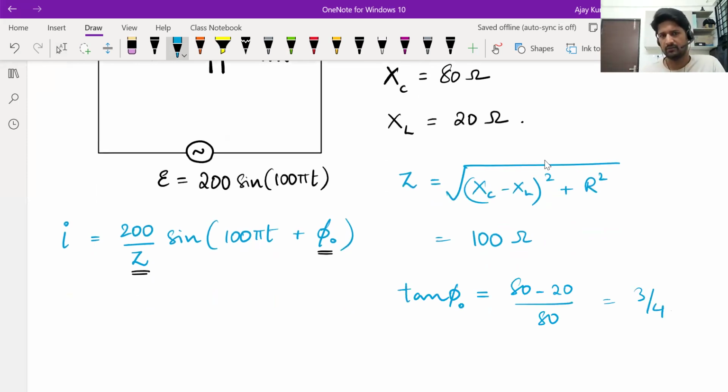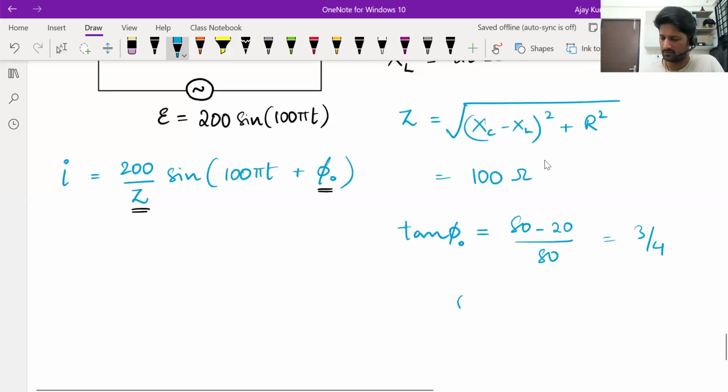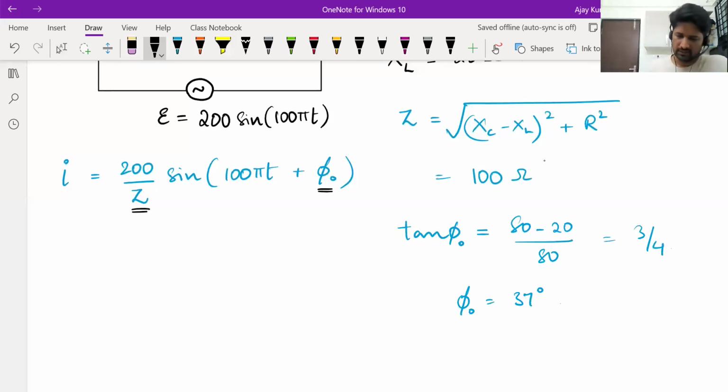You can just write tan inverse 3 by 4, but tan of 37 degrees is 3 by 4, so you may use that also. Therefore, the current function becomes 200 by 100, that is 2 sine 100 pi t plus 37 degrees. You can write it like this, or you can just write tan inverse 3 by 4.